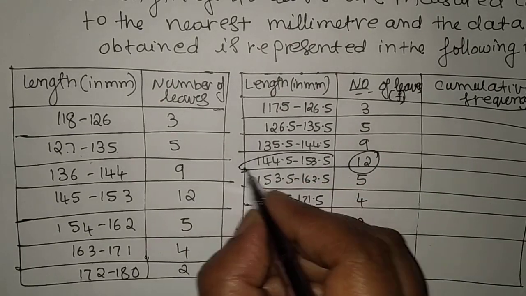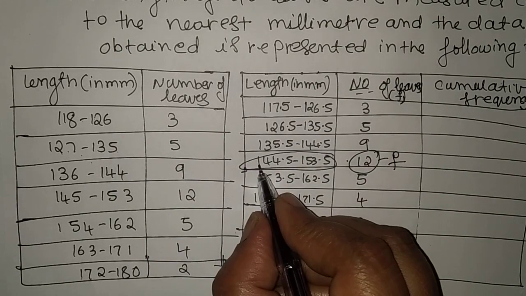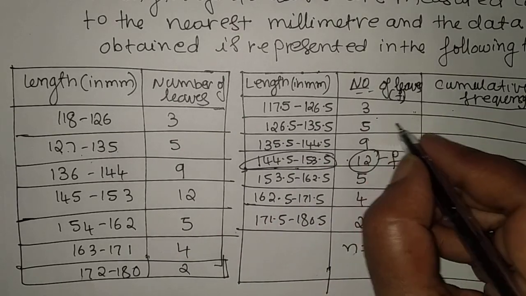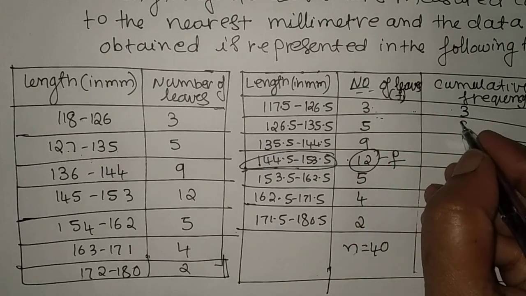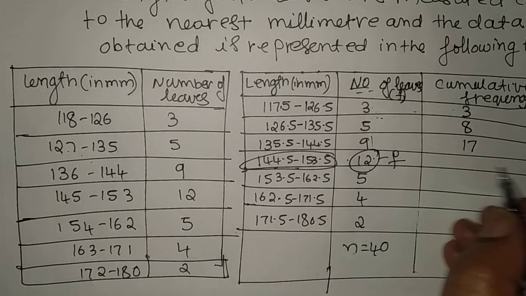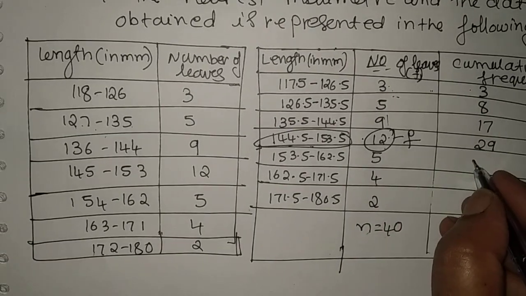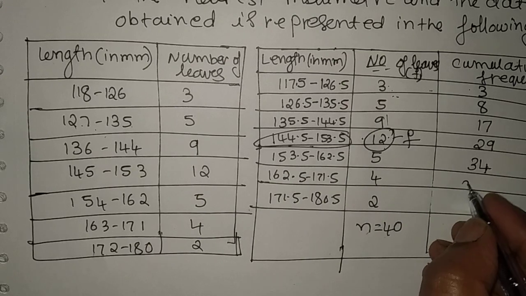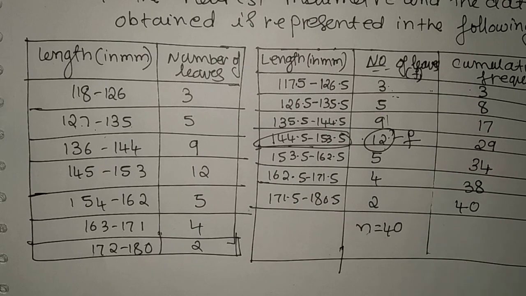Then see the maximum frequency is here. This will become f, and maximum class interval will be this one. So now we will calculate the cumulative frequency. First one write as it is, then add 3 to 5, then 8, then 8 to 9, this will be 17, again 17 to 12 will be 29, then 29 to 5 will be 34, 34 to 4 will be 38, 38 to 2 will be 40.